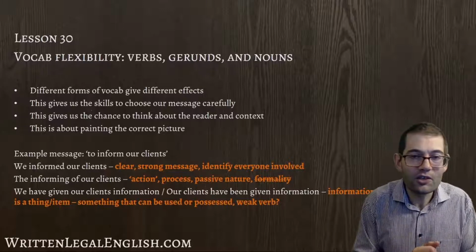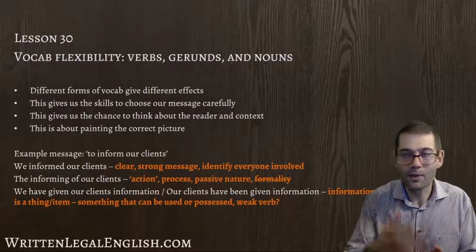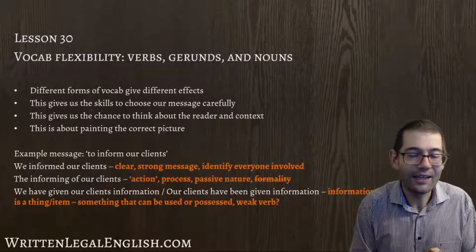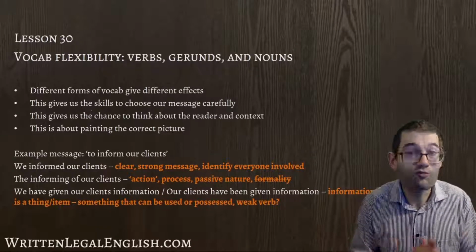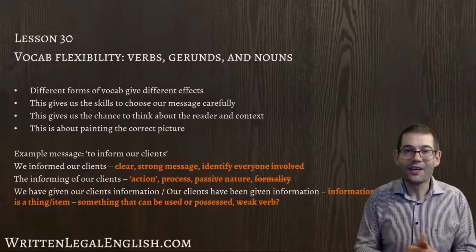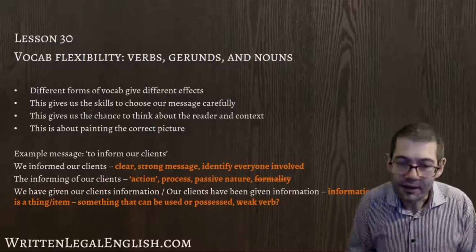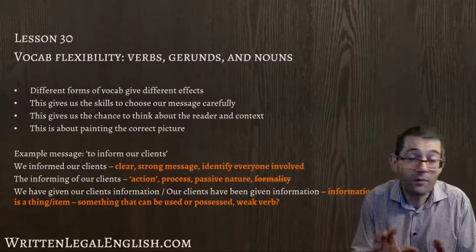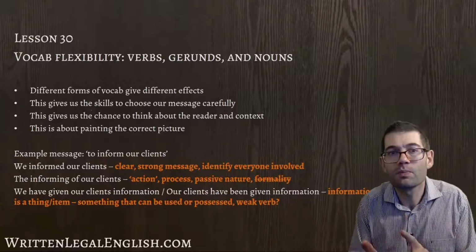So information, and now my mind has gone blank, of course, but there are many, many nouns out there which end in -ion. Confirmation, reservation, there we go, we've got a few more coming back. Evasion, many of these nouns which perhaps, when we think about it, really should be verbs instead.